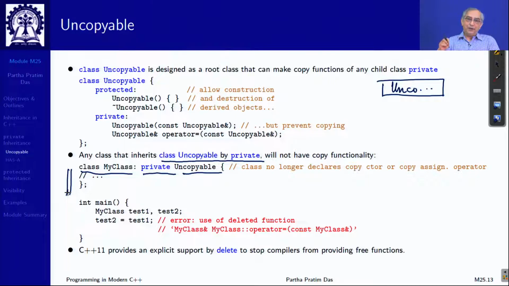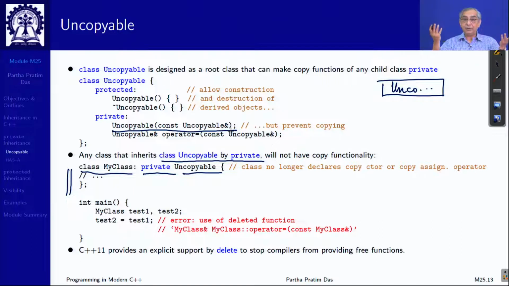the compiler provided function will not be usable, because to be able to copy, say copy construct my class object, it needs to call the copy constructor of the base class object, and that is private. That is private in the base class.